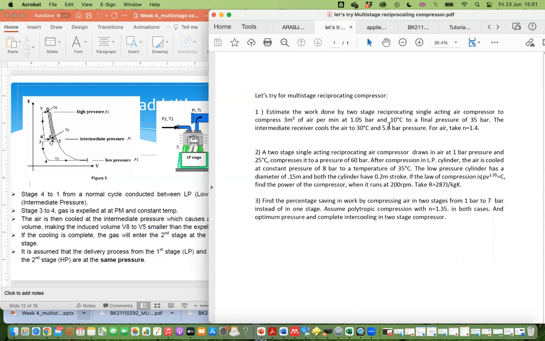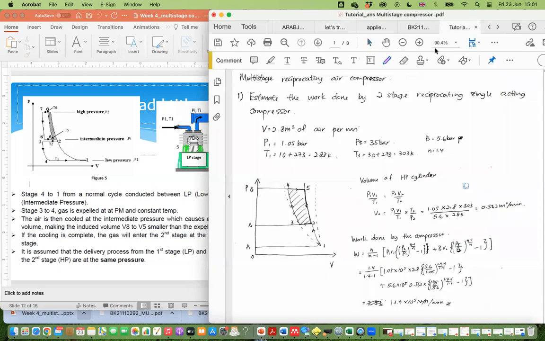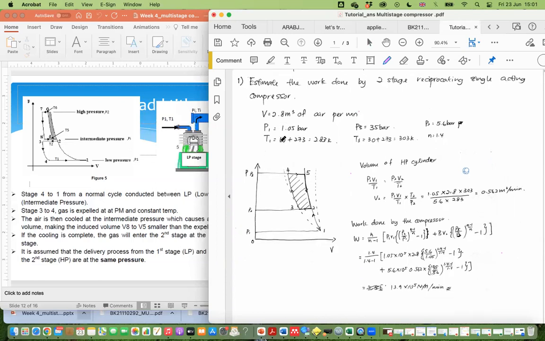Assume the N is 1.4. My volume here is 2.8, but it doesn't matter. What matters here is the step. You can also use your value of 3 meter cube to check the answer, using the same step.